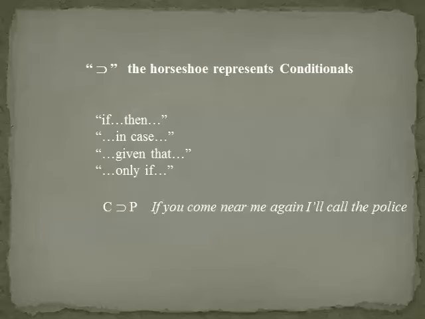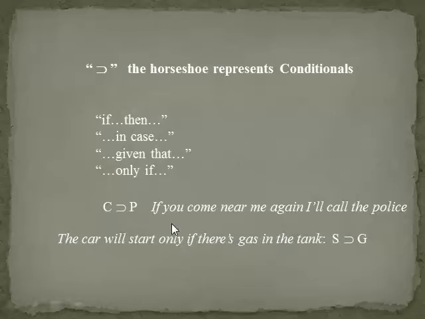The horseshoe, this arrow pointing to the right-hand side, represents if-then. And these are some other ways you can say if-then: if A, then B; A in case B; or A given that B; and A only if B. The car will start only if there's gas in the tank.